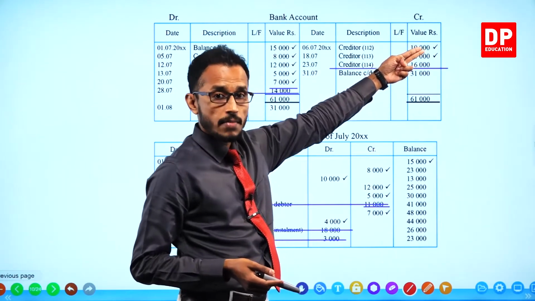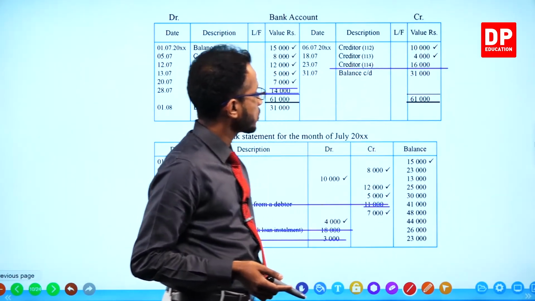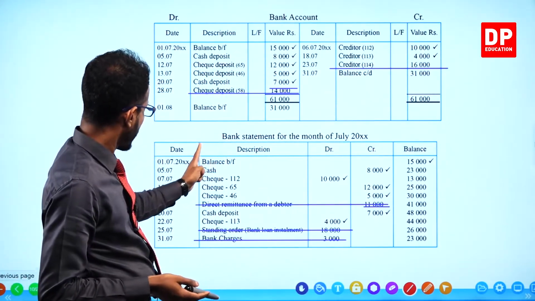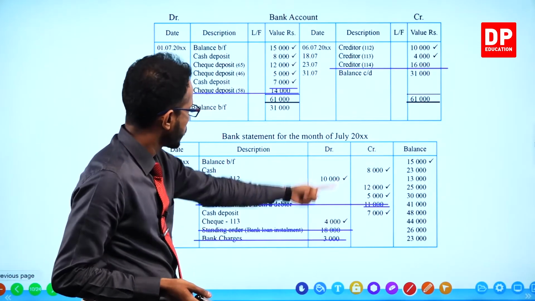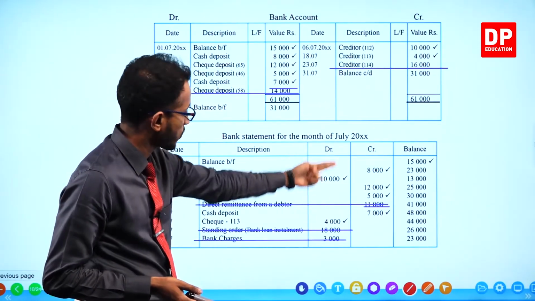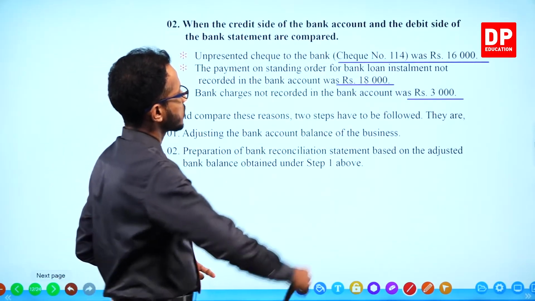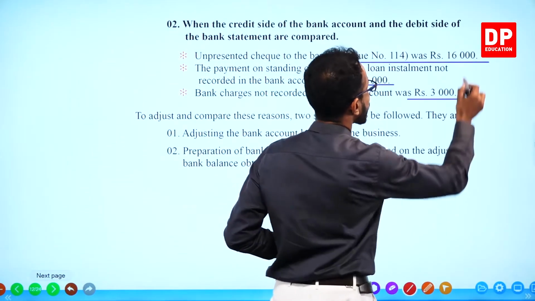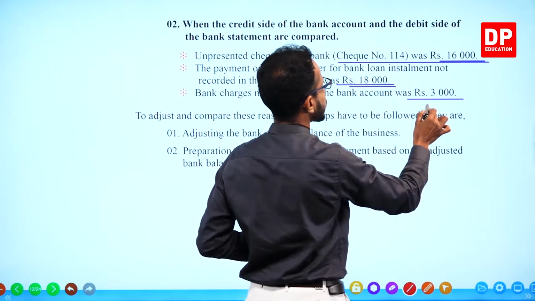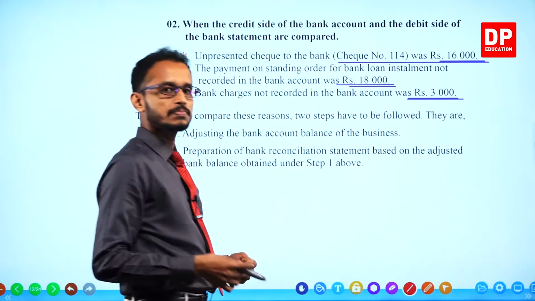Credit side of the bank account, 16,000 we found, and on the debit column of the statement we found 18,000 and 3,000. 16,000, 18,000 and 3,000. Okay.